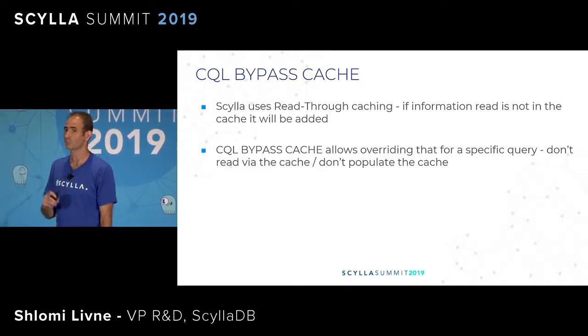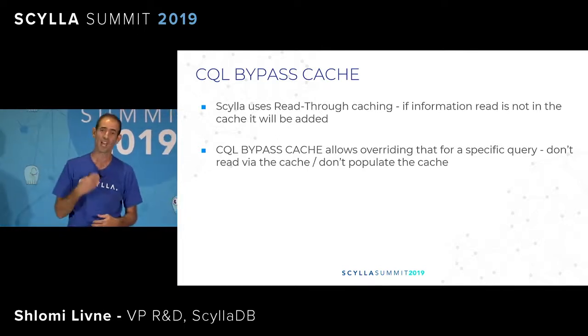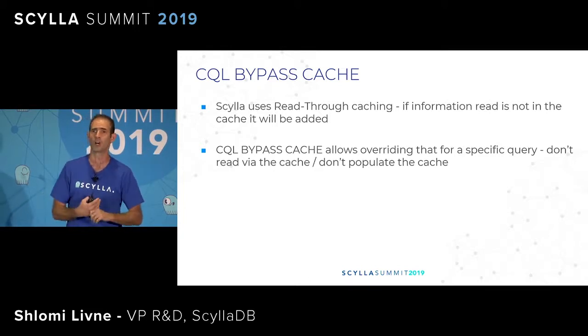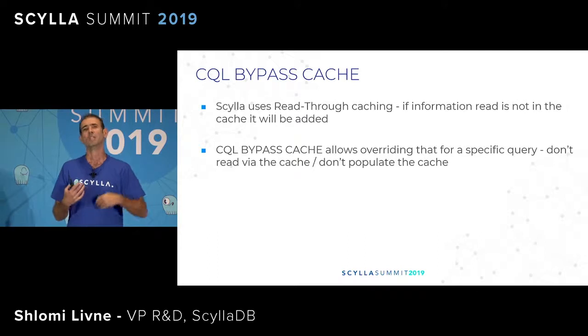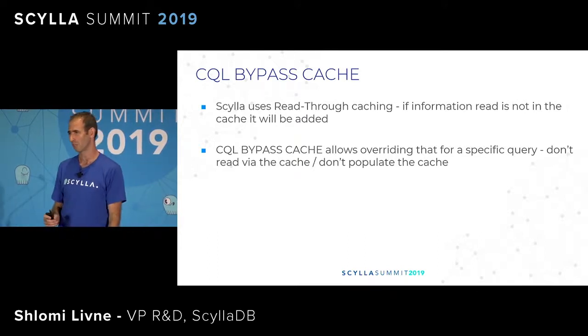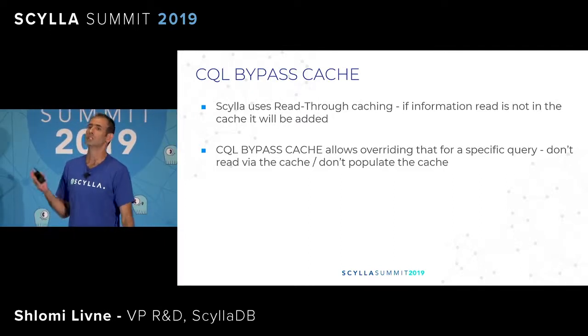Bypass cache instructs Scylla not to do that for a query. So even if the cache has information, we're not going to use the cache information. We're going to go directly to the disk, read the information off the disk, and when we return the information, it's not going to be inserted into the cache. And why should you use it? Well, it goes hand in hand with workload prioritization.